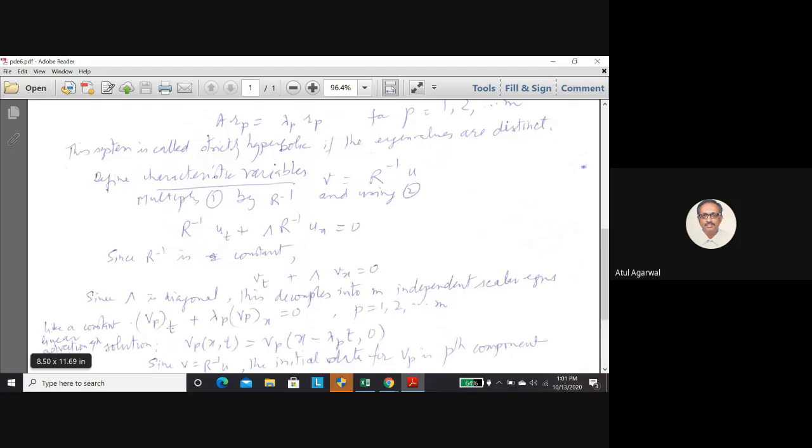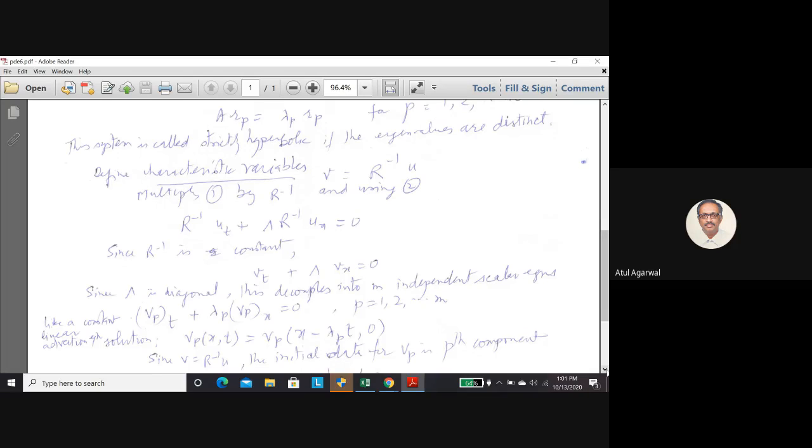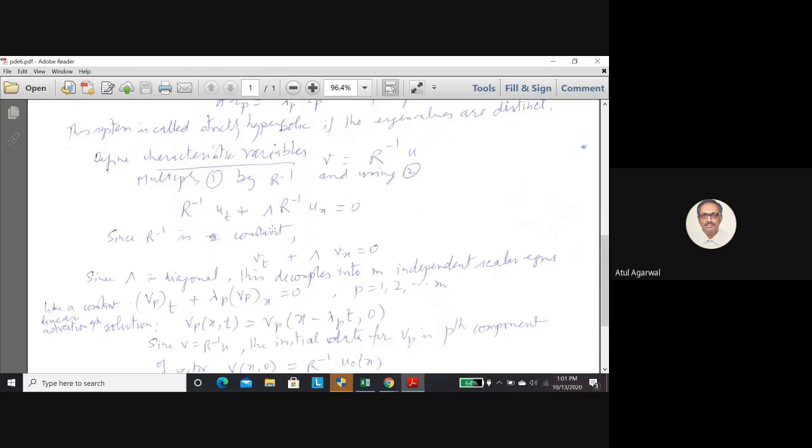So these are your different scalar equations. This V is a vector here, so we are writing Vp, p equal to 1 to M, instead of V. Individual equations we are writing, picking from this, Vpt plus lambda p Vpx. You can see this is nothing but a set of equations, and here I have written them individually.